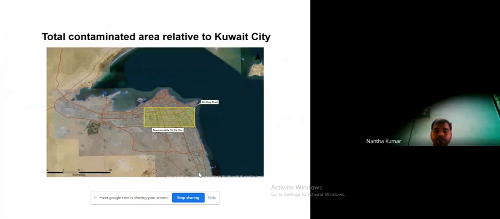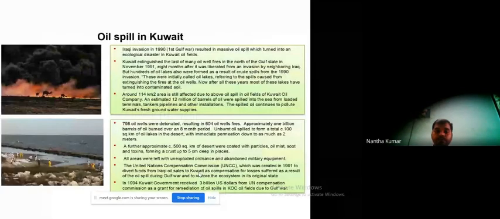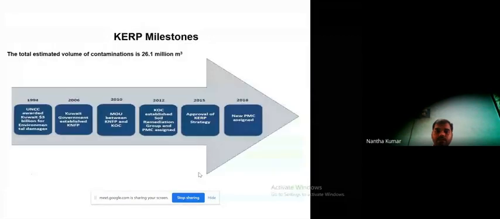The total contamination area is highlighted. From that Gulf War, this highlighted zone, approximately 114 square kilometers, was completely destroyed by the oil spill. The Kuwait government, along with the UNCC, came out with a project called the bioremediation or remediation project.